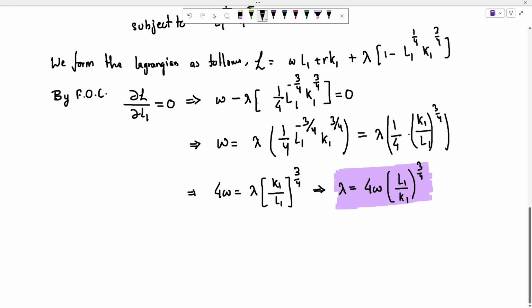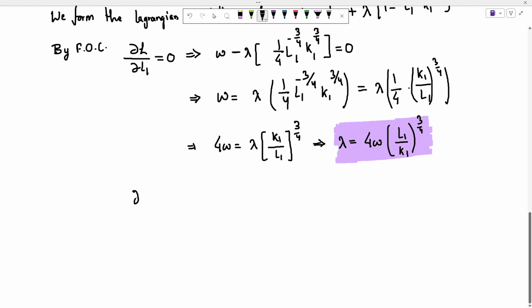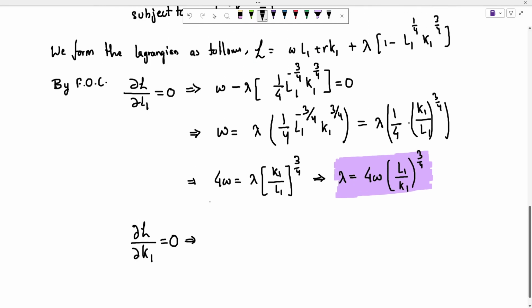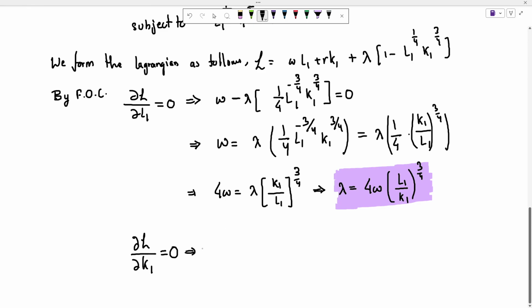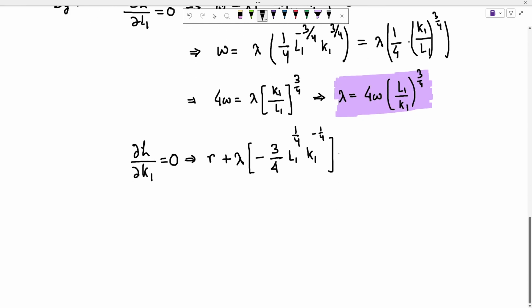Now we do the same thing for K1. What do we get? We get R plus lambda times minus 3/4 L1 to the power 1/4, K1 to the power minus 1/4, equal to 0.